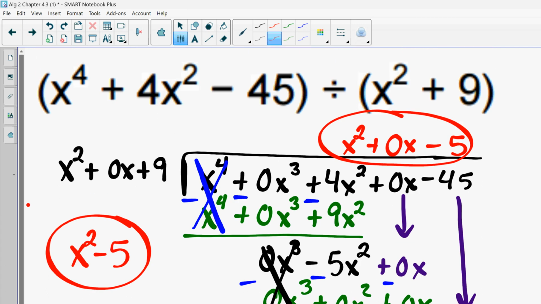Now the whole goal with this here, with dividing, is to help us solve these higher degree polynomial functions. And the reason we do this is because, at this point, we don't have any way to solve x to the 4th plus 4x squared minus 45.